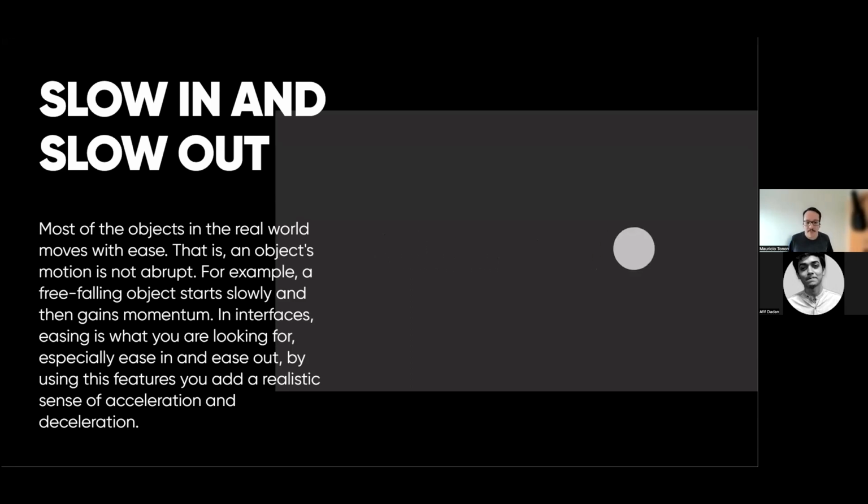Or for example, if you get the same ball and throw it vertically into a surface, what will happen is it will start slow, gain momentum, and in the end, at some point it will stop. Slowly stop. So in interfaces, easing is what you're looking for, especially ease in and ease out. By using these features, you add a realistic sense of acceleration and deceleration, again, making it more natural, more believable.